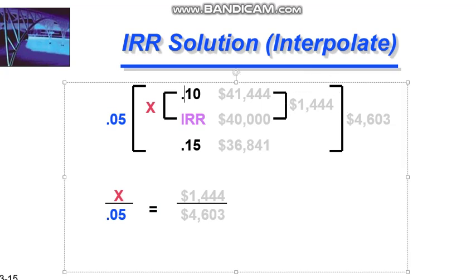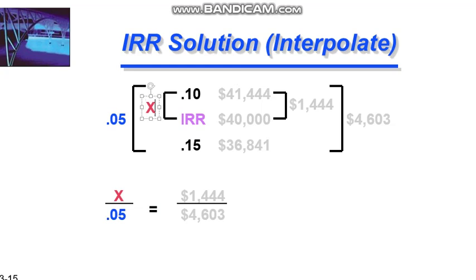And between the rate 10% and 15%, we calculate the difference, that is 0.05, like 5%. Okay, and same on the other hand, we calculate the difference between 41,444 and 36,841, right? So that is 4,603.